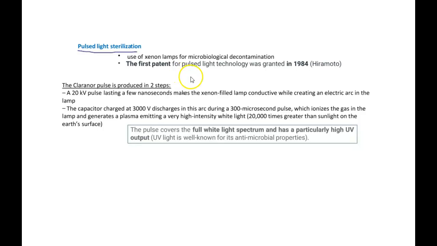The first patent was published in 1984, and the pulse is produced in two steps. A 20 kilovolt pulse lasting a few nanoseconds triggers the xenon-filled lamp, and then the capacitor charged at 3000 volts discharges during the 300 microsecond pulse, which ionizes the gas in the lamp and generates a pulse emitting very high intensity white light.